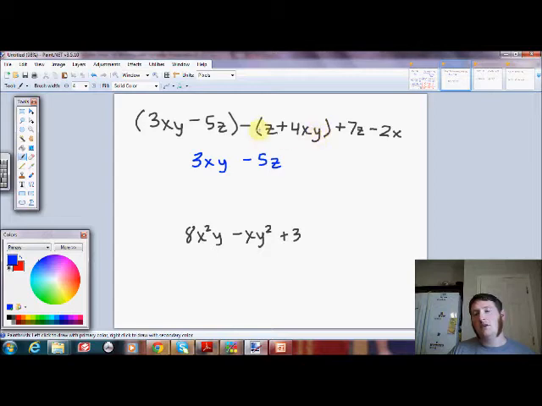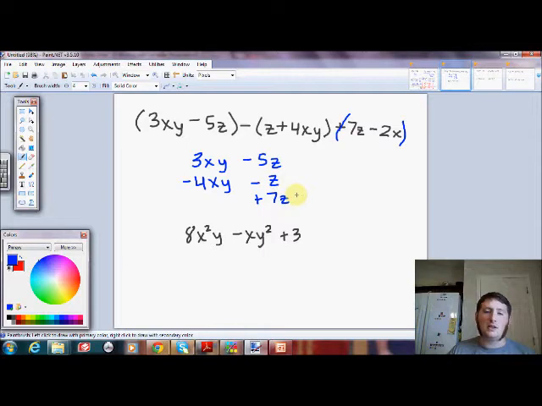This set of parentheses, however, has a subtraction in front of it, so we've got to be more careful. This z would actually be a minus z, which I'm going to line up right there, minus 4xy, which I line up with the other xy's. And then I'll treat these two pieces together, even though they didn't have parentheses around them. I've got a plus 7z and a minus 2x.